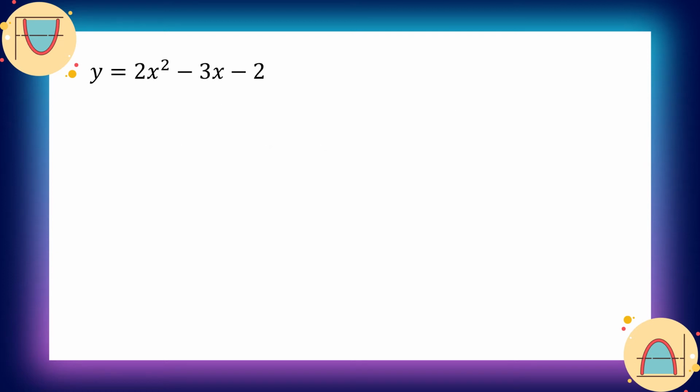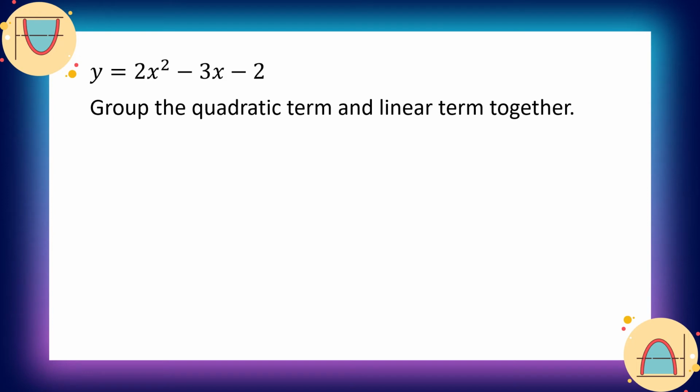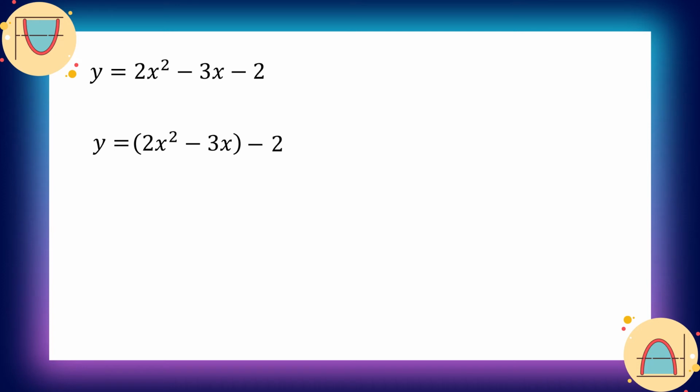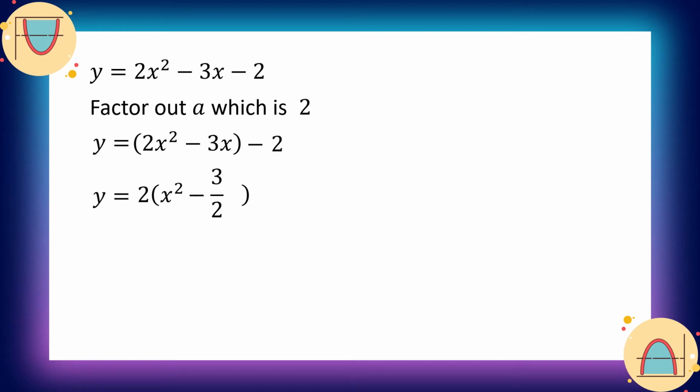First, we are going to group the quadratic term and linear term together. So we have y equals the difference of 2x squared and 3x, minus 2. Next, we factor out a, which is positive 2. So y is equal to 2 times the difference of x squared and 3 over 2 x.